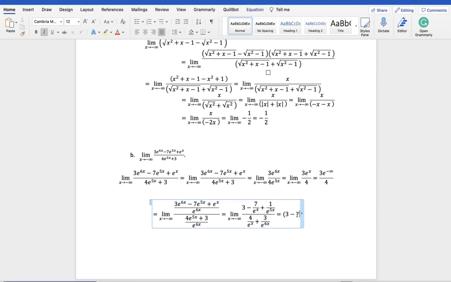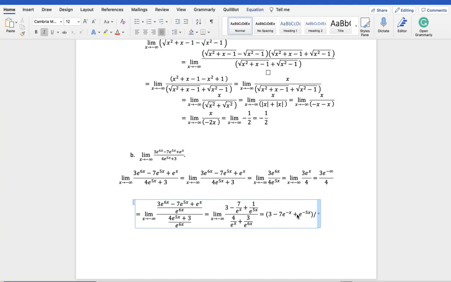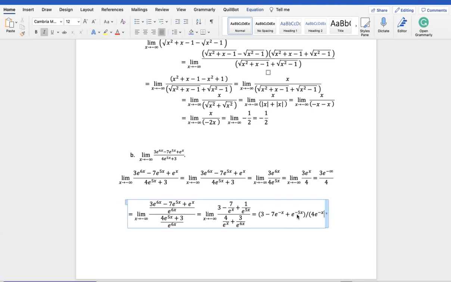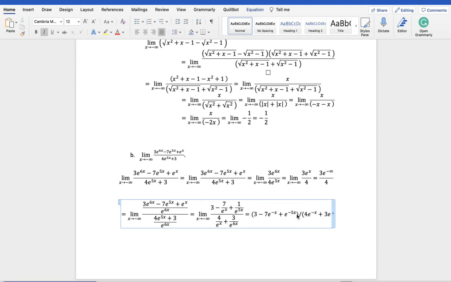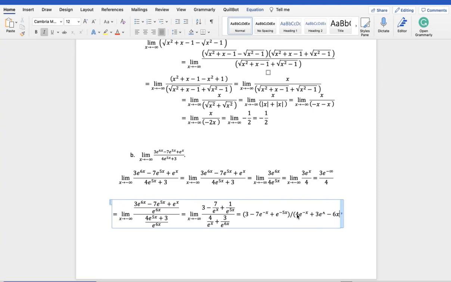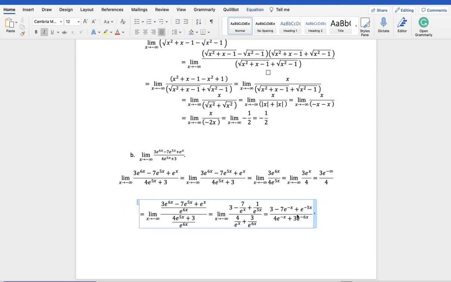So 3 minus 7 times e to the negative x, plus e to the negative 5x, all divided by, in the denominator, 4 times e to the negative x, plus 3 times e to the negative 6x. That's what you would have in the denominator.